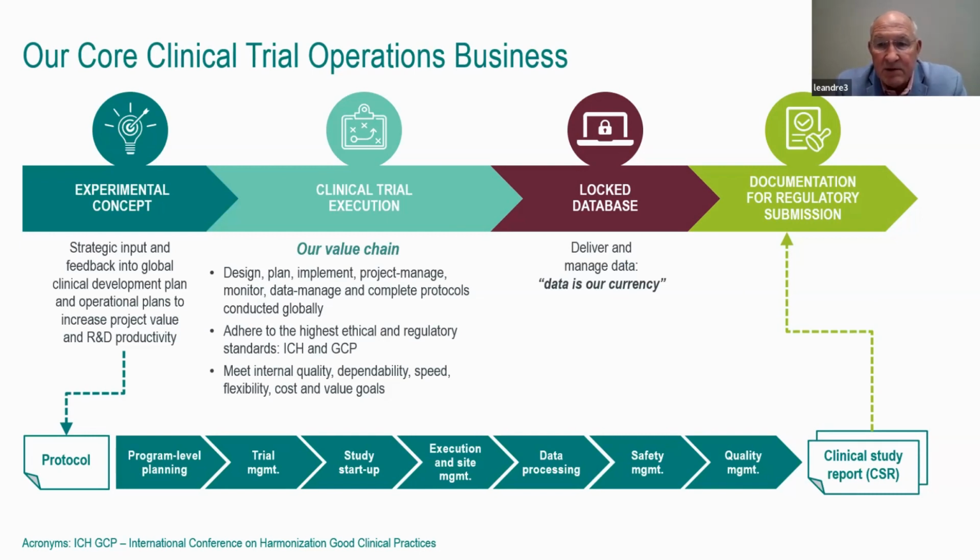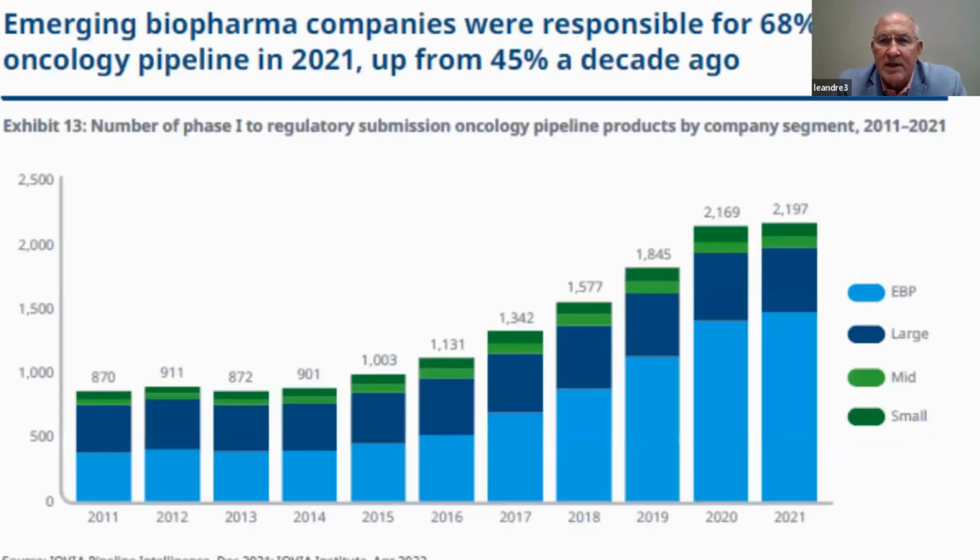To highlight that point, I'll show you a slide here from the IQVIA Institute. On the right-hand side, you have over 2,000 new oncology study starts in 2021, for example. The light blue shows the number of studies run by emerging biotech companies.